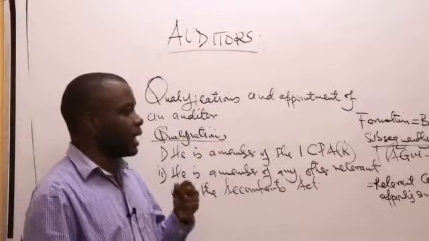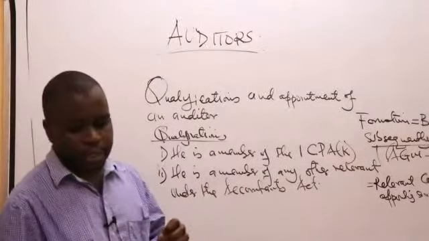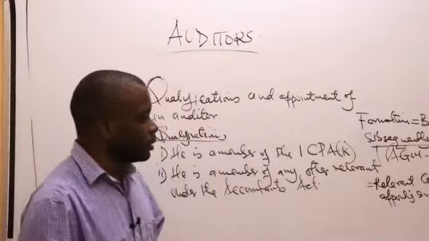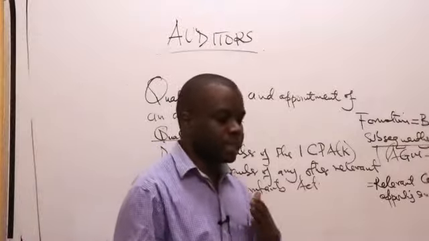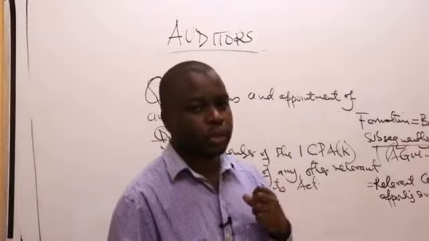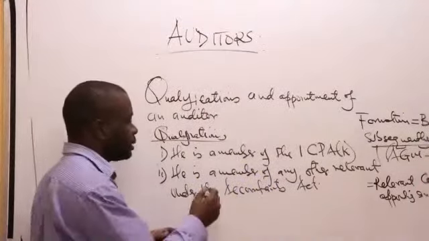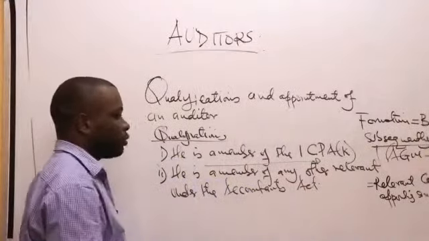Unless other circumstances have fallen in place, for example, if he is not qualified to be reappointed. You could be asking, how could he not be qualified to be reappointed, yet he has been serving as an auditor of the company? Maybe his certificate of practice has been revoked by the Institute of Certified Public Accountants of Kenya.